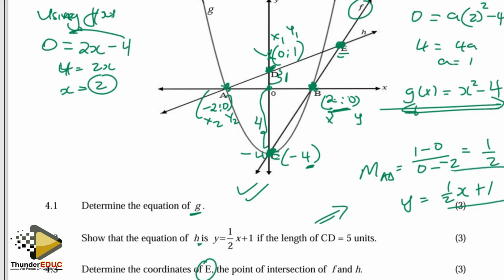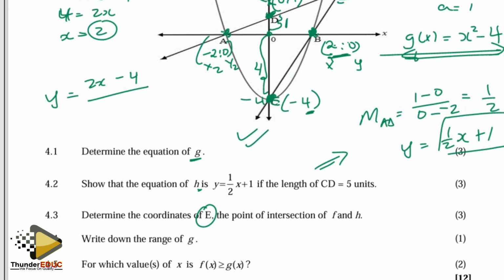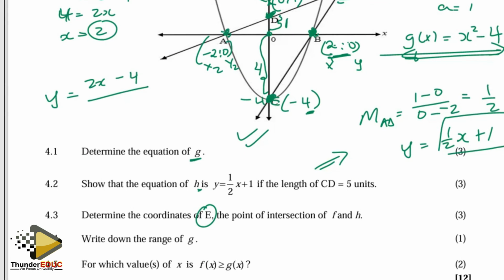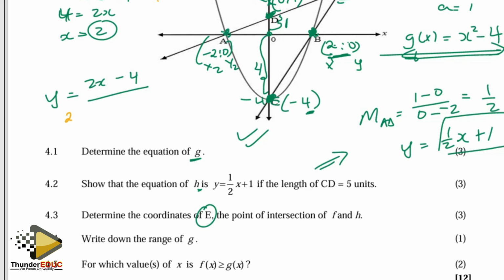So we have this, and then we have the 2x minus, they said what? Minus 4. So if y is 2x minus 4, and then y is also a half x plus 1, equate the two equations to each other. So I'll say 2x minus 4 will be the same as a half x plus 1.